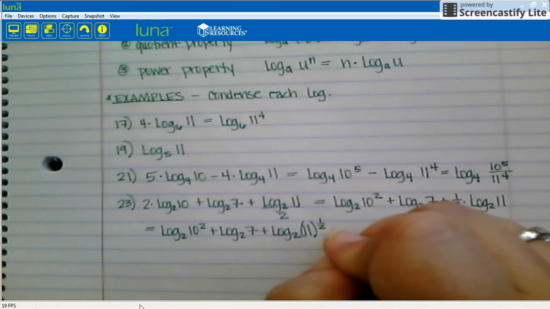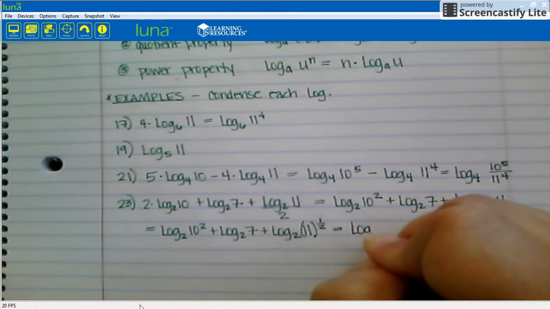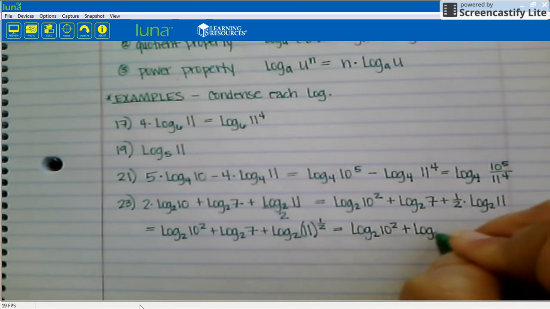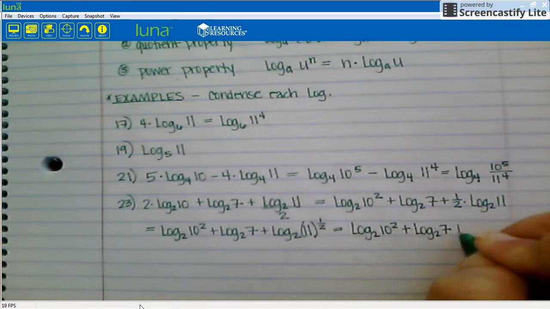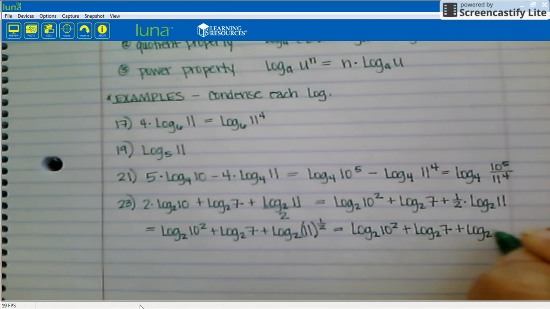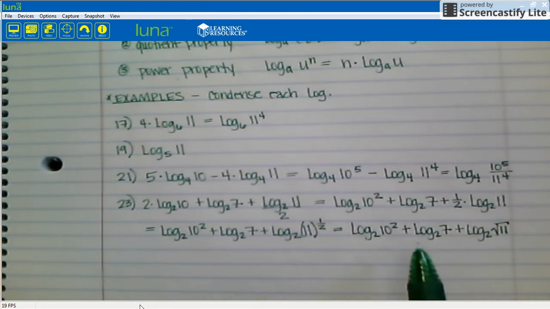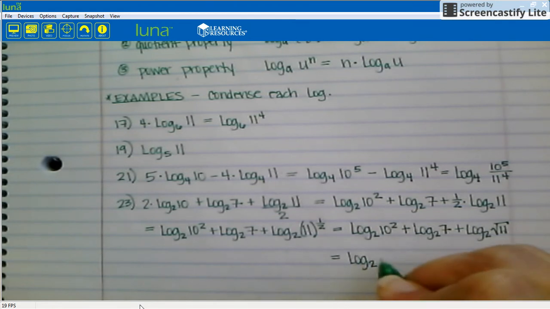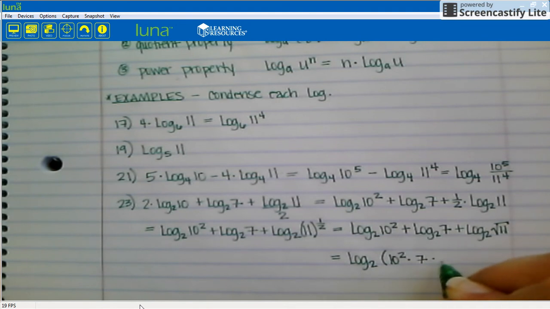So this is log base 2 of 10 squared plus log base 2 of 7 plus log base 2 of the square root of 11. And then since I'm adding all of these together, I can use the product property, and this becomes log base 2 of 10 squared times 7 times the square root of 11.